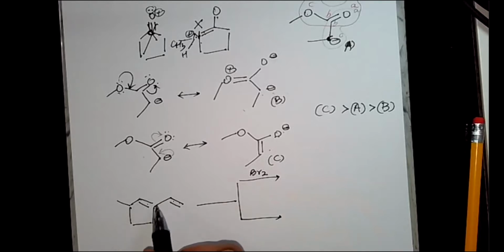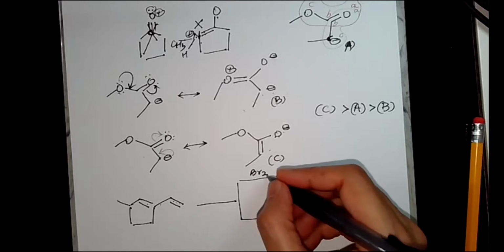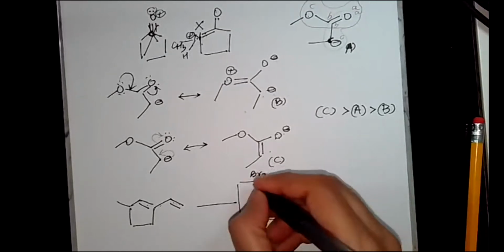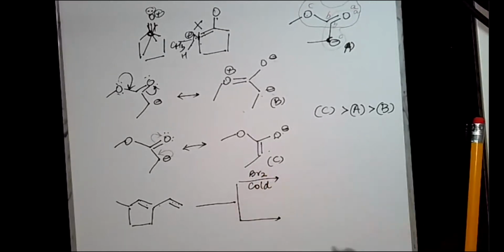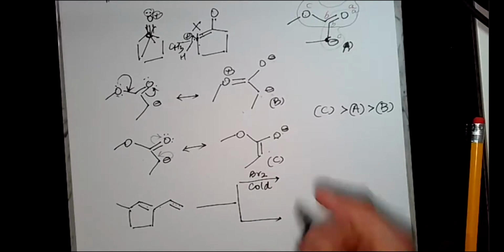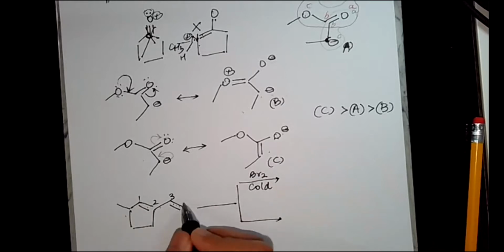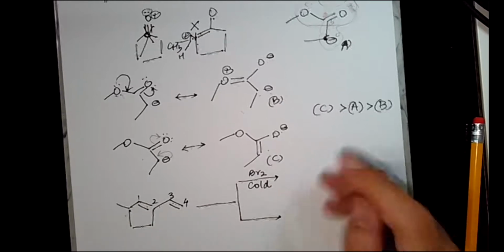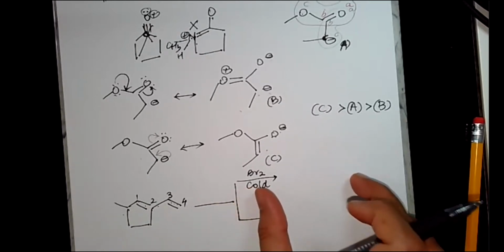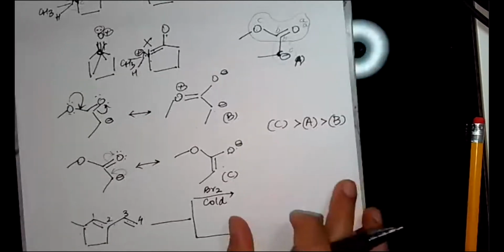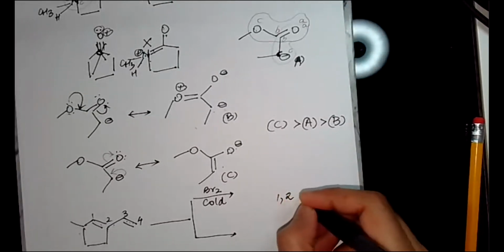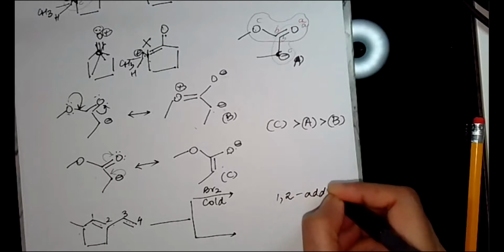Conjugated means alternating double and single bonds. When you're adding something at low temperature, when you're doing a cold reaction, so 1, 2, 3, 4, your primary or major product would be a 1,2 addition product.